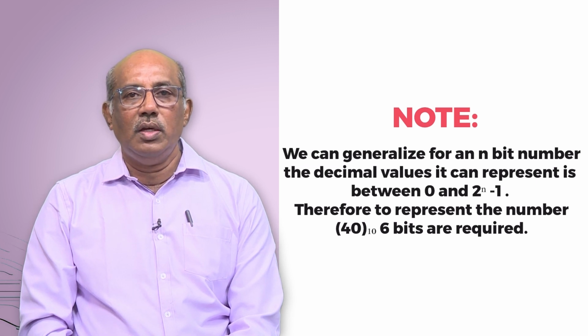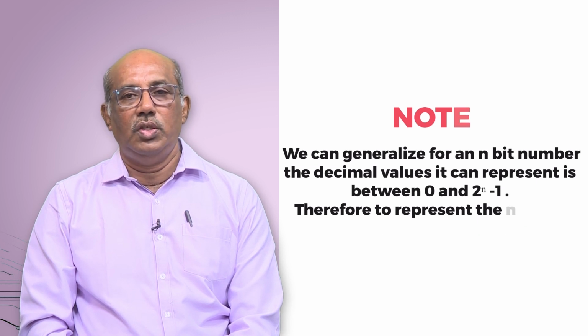Therefore, to represent our decimal number 40, we require 6 bits, that is 2 raised to 6. What is 2 raised to 6? That is 64 minus 1, that is 63. So, if we have 6 bits, we can represent a decimal number between 0 and 63.